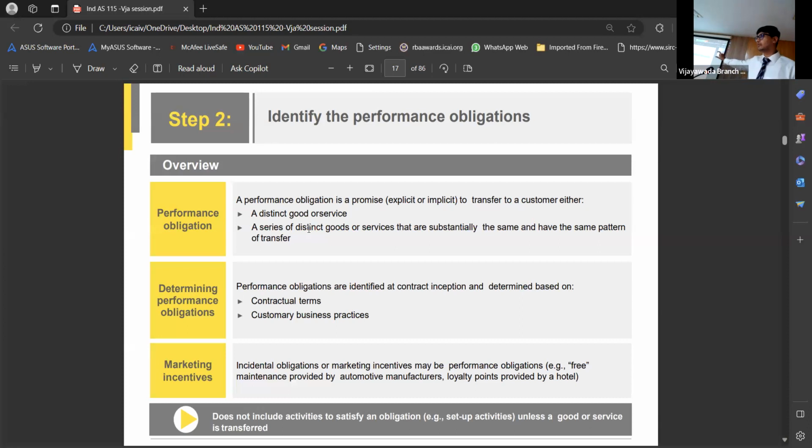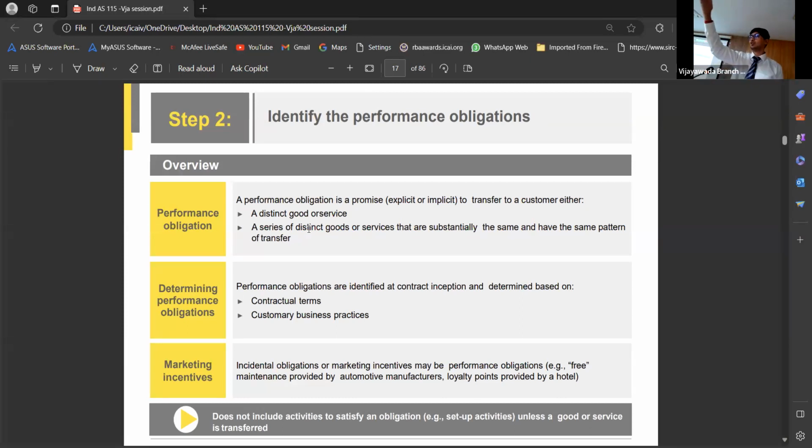We understood the difference between both, right? Distinct good or service is our example of whatever we spoke about, any product. It could be apples, mangoes. Individually, you can benefit from each of these products. Or if you go to retail shop, every cloth that we buy is a distinct good and service. You can use it on its own. Series of distinct good and service, we discussed examples, cleaning activities, construction activities, hotel management service.